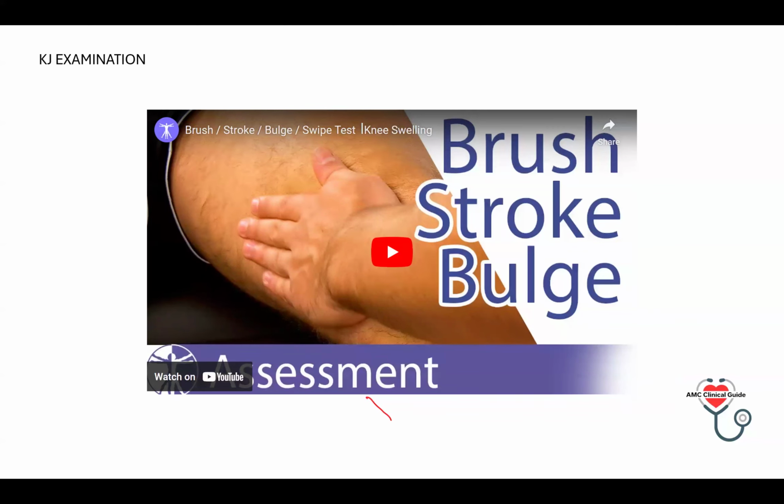If the effusion is smaller, there's this test called the bulge test, where you swipe over one side of the leg with your hand, and immediately swipe over to the other side, and then you are looking for a bulge. The collected fluid makes a bulge, which you can see. So it also indicates there's an effusion.